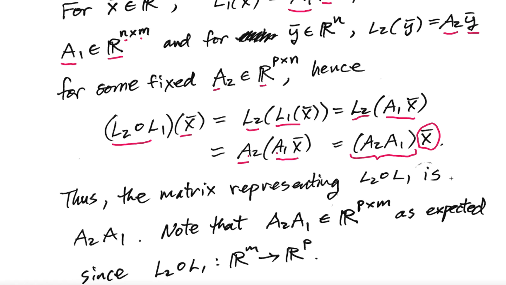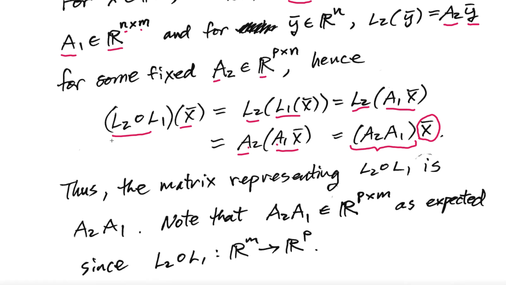Look at the first and the last: this is saying the matrix representing L2 composed with L1 is A2 times A1.